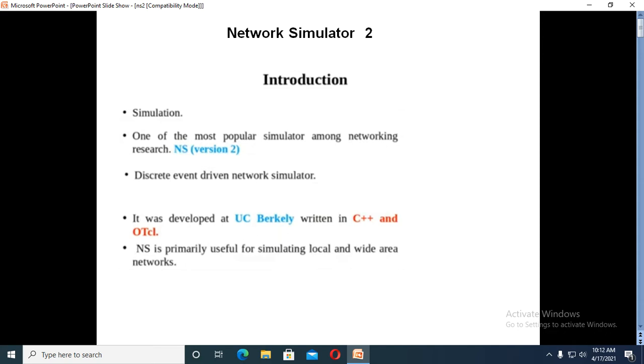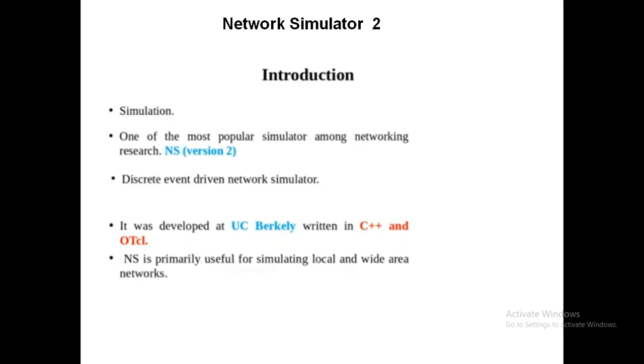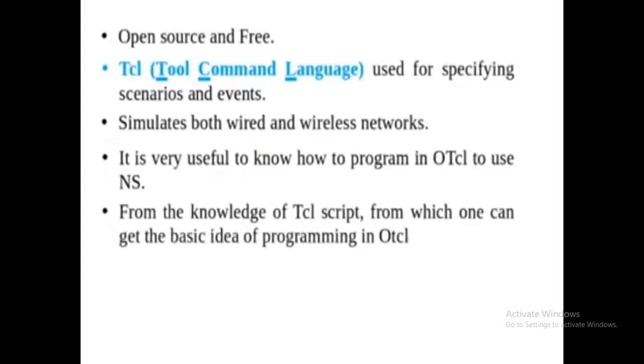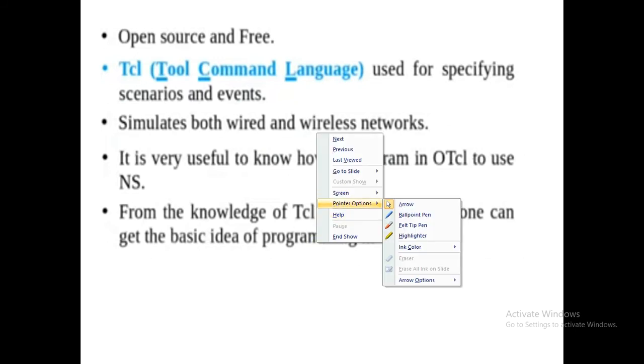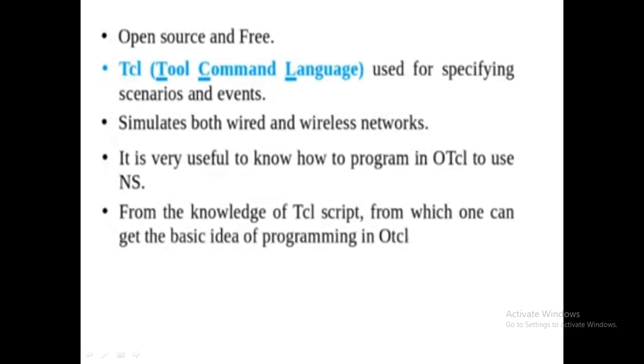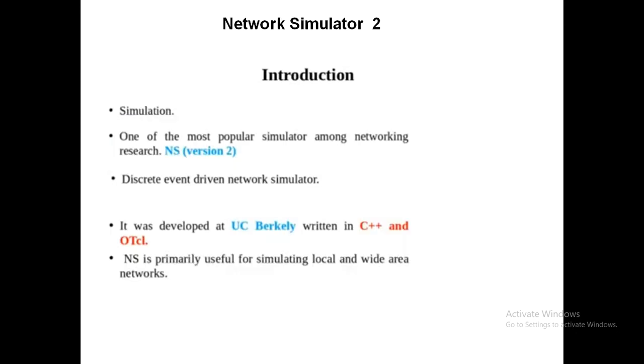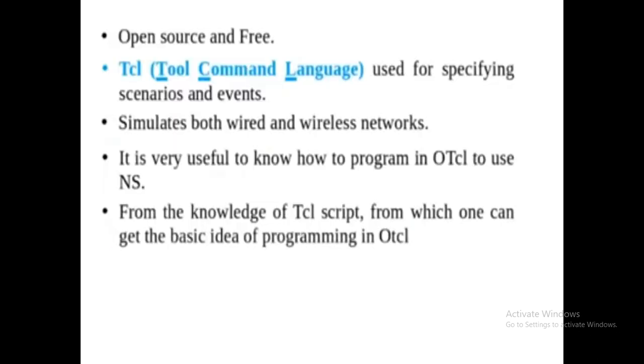That means when you want to simulate a local area network or a wide area network, you are going to use the NS2 simulator, right? As we said, we have two languages here, C++ and OTCL.